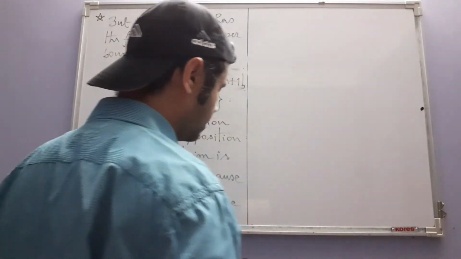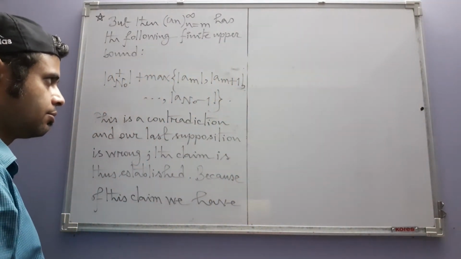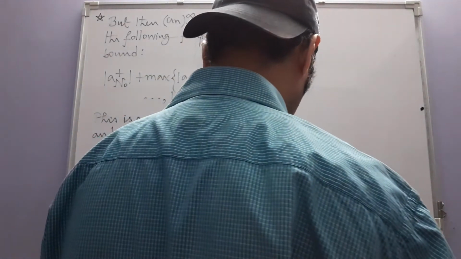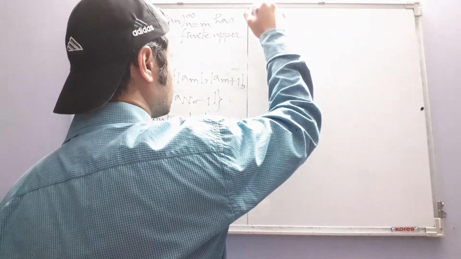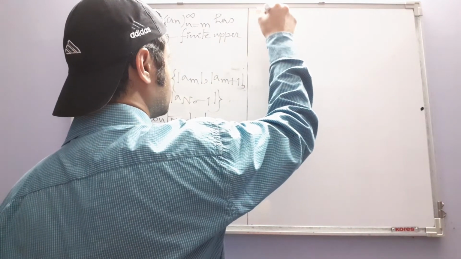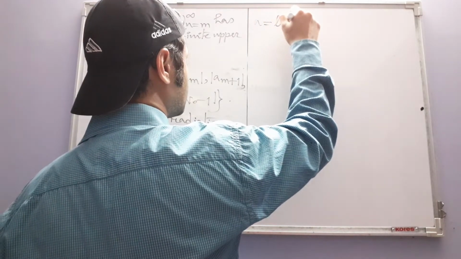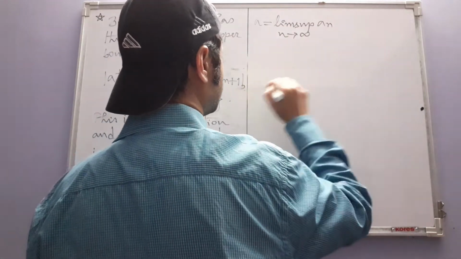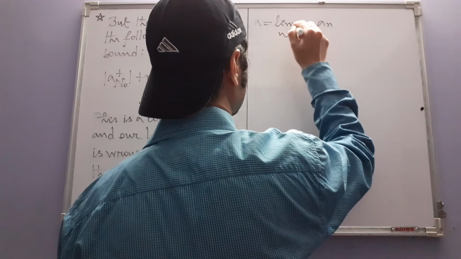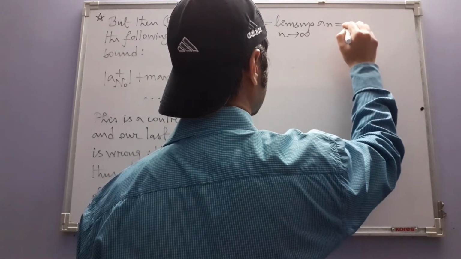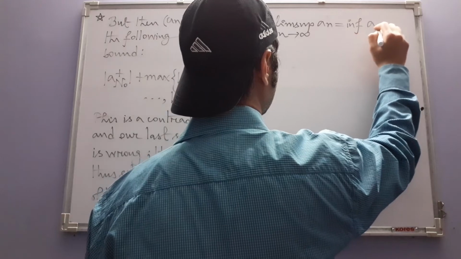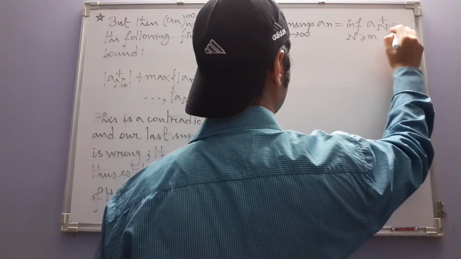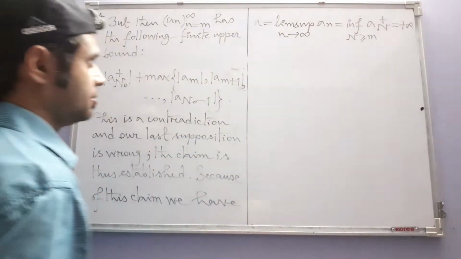So all our an classes are now class infinity. So the limit superior, which is the infimum of these suprema, itself is plus infinity.